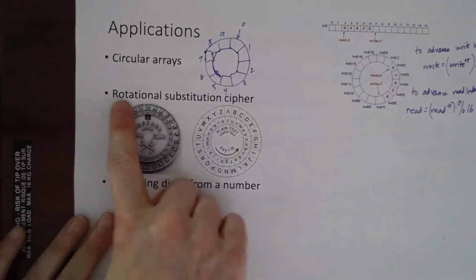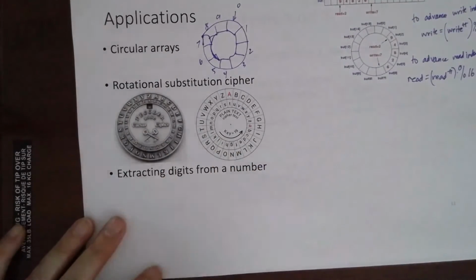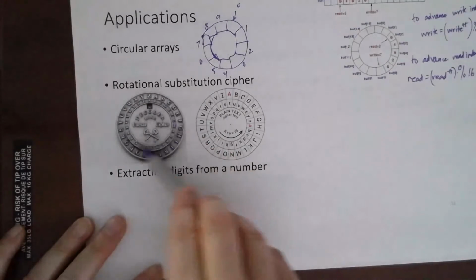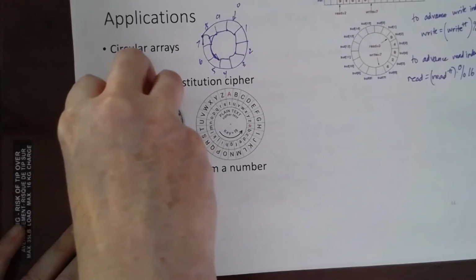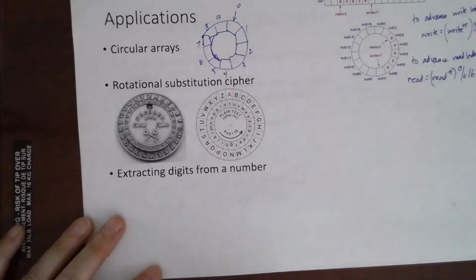Okay, and this is called a rotational substitution cipher because you can see this has A through Z on it and this has A through Z on it, and you just take this inner ring and you rotate it a little bit.